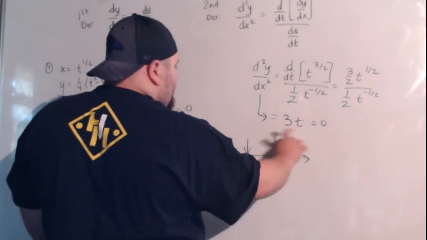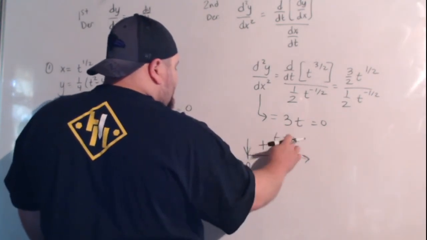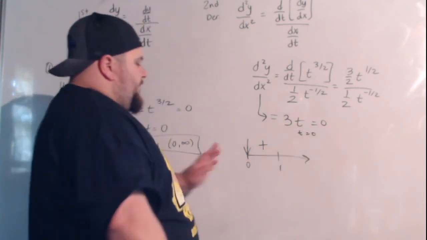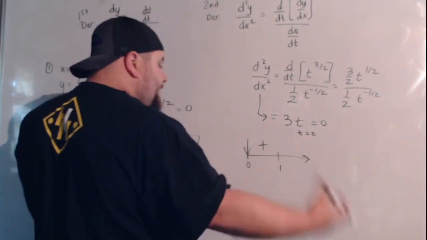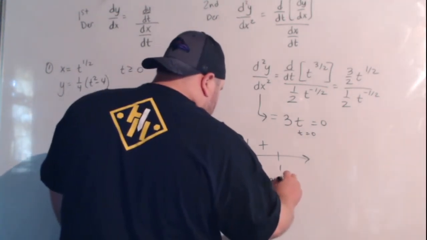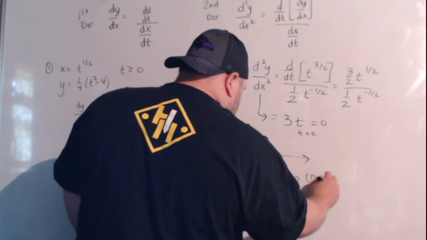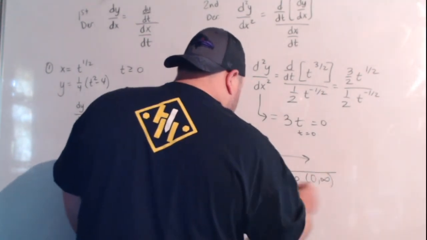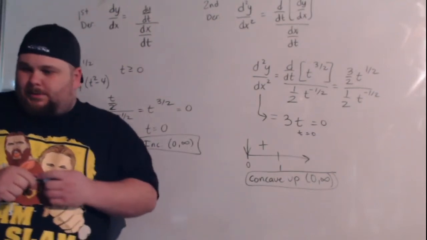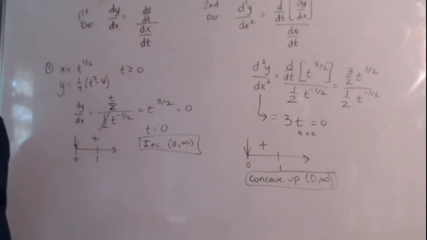Plug 1 in there. 3 times 1 is also positive. So if we get positive on that side, it's always concave up. So it turns out this is just increasing and concave up over its entire range.